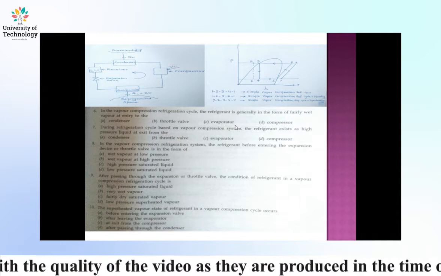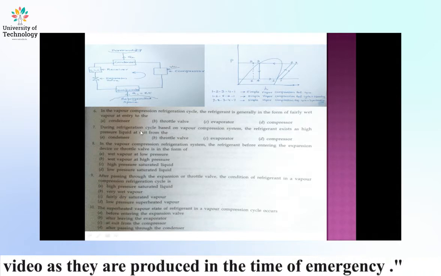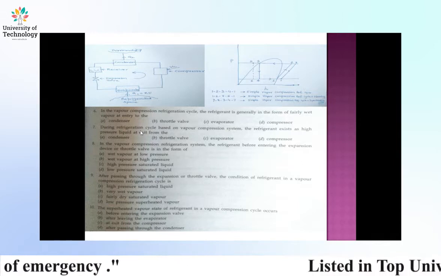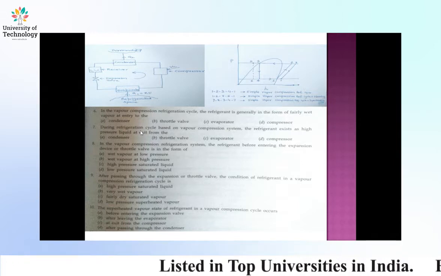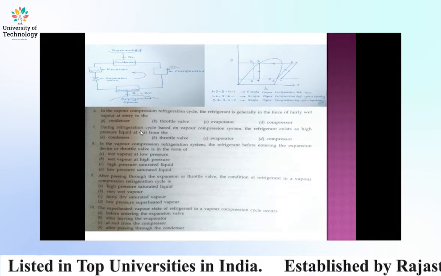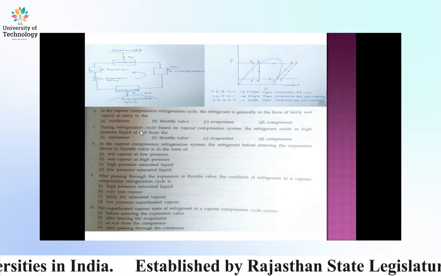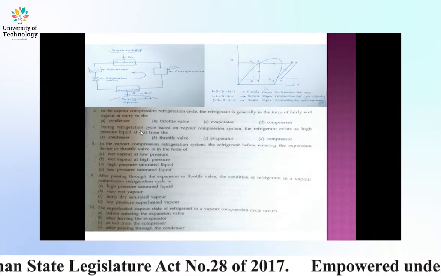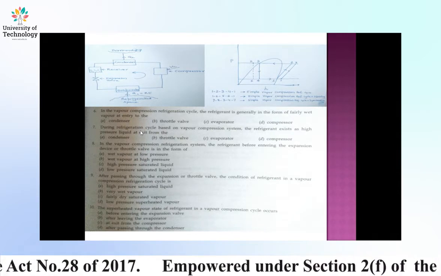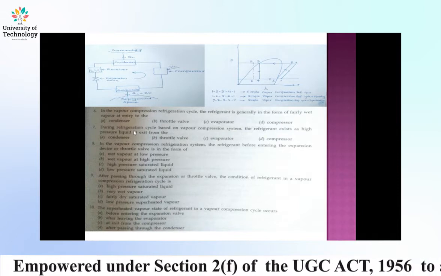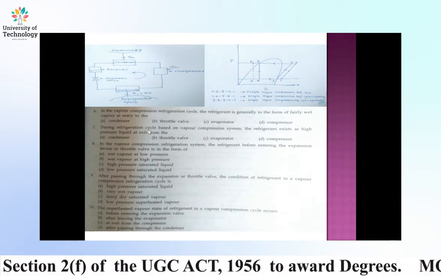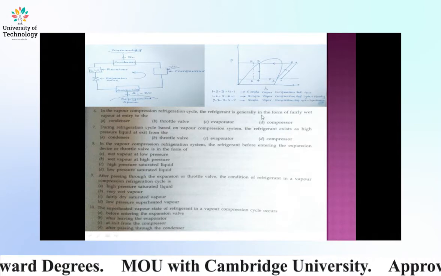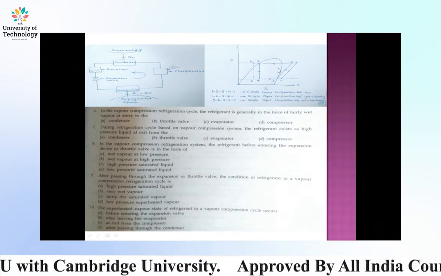Now look at question 7. During a refrigeration cycle based on vapor compression system, the refrigerant exists as high pressure liquid at the exit from the... So the high pressure line is this, and this is the low pressure line.